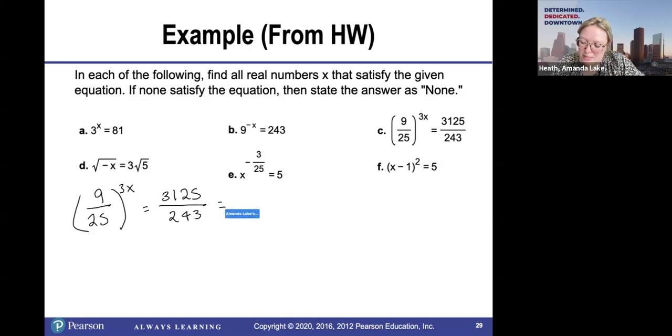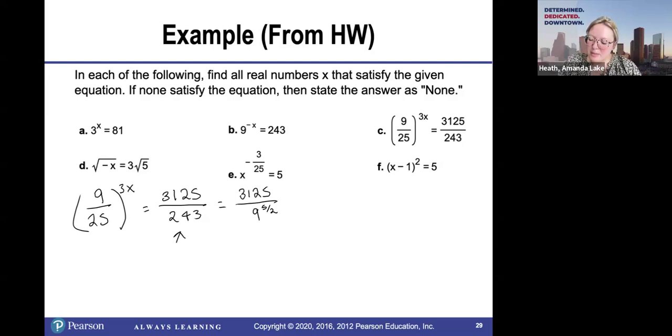So I'm going to replace that because it's relevant to my problem, since my goal is to get this number into some form with 9 over 25. So 3,125 over 9^(5/2), because 9^(5/2) is 243. Now, I want my number to be 9 over 25, not 25 over 9.